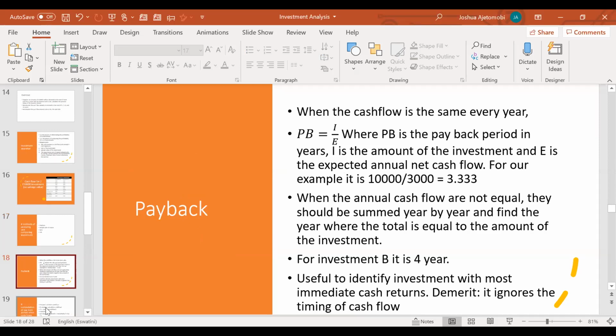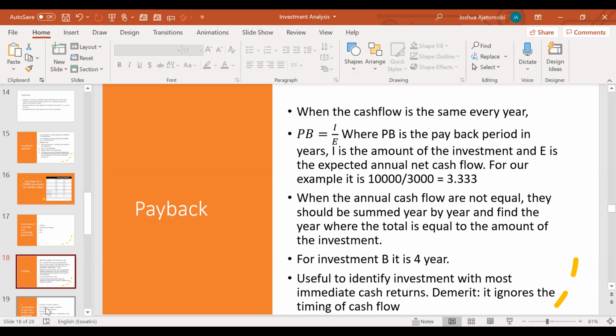When the cash flow is the same every year, like in the first investment, it's very simple to calculate the payback period. The payback period is the amount of investment, that is I, divided by E, where E is our expected annual net cash flow.